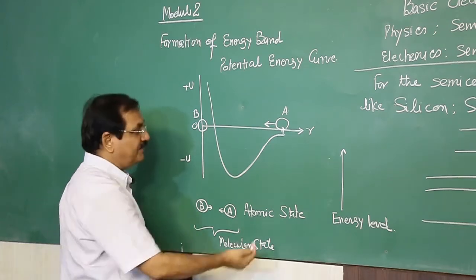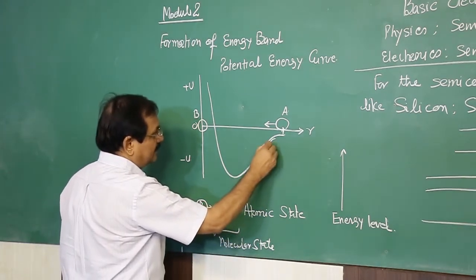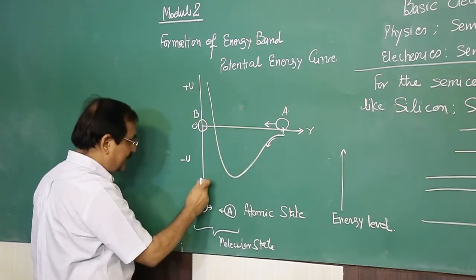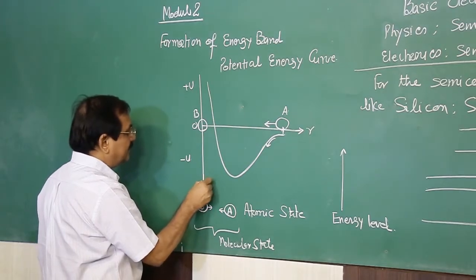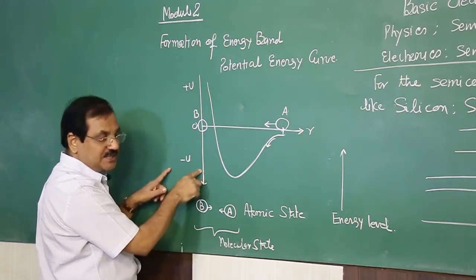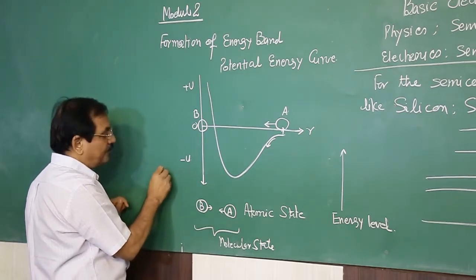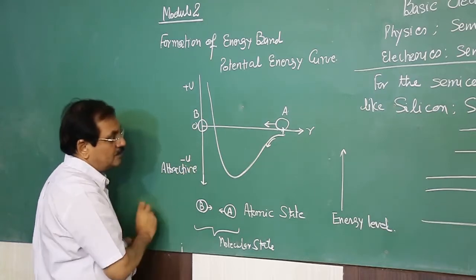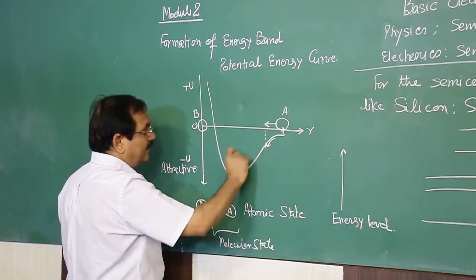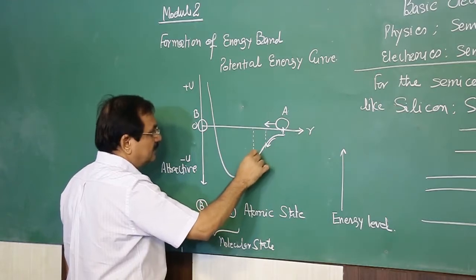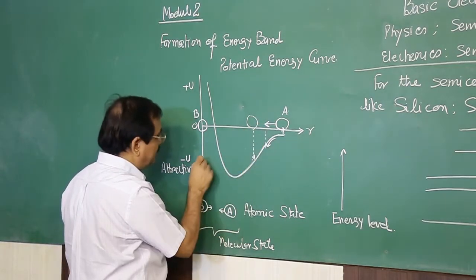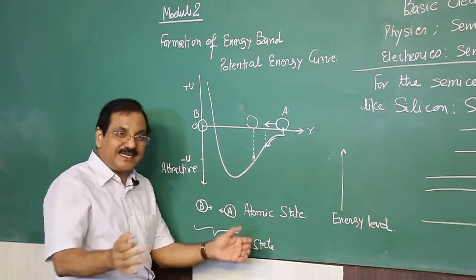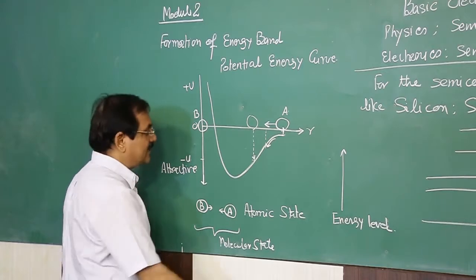then by the law of physics, their force of interaction will increase, and this increase of the force is expressed in the negative part of this potential, which is negative U, that is attractive. If you bring it further, the negative value of potential is increasing, which means there is an increase of the interaction.